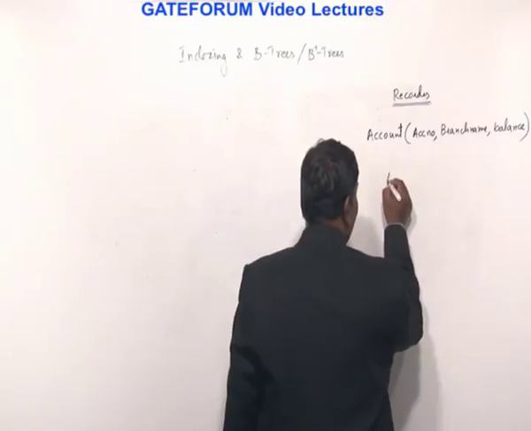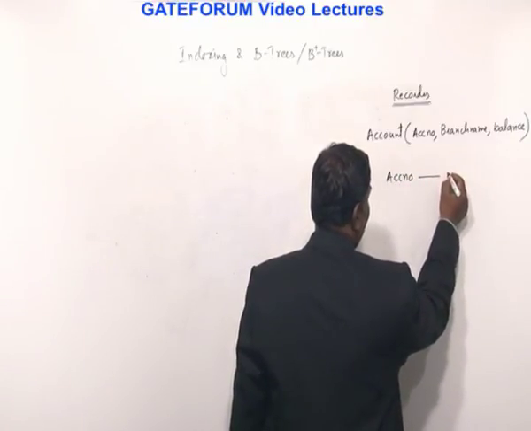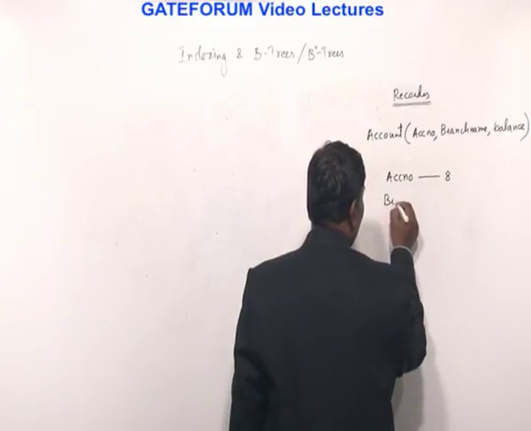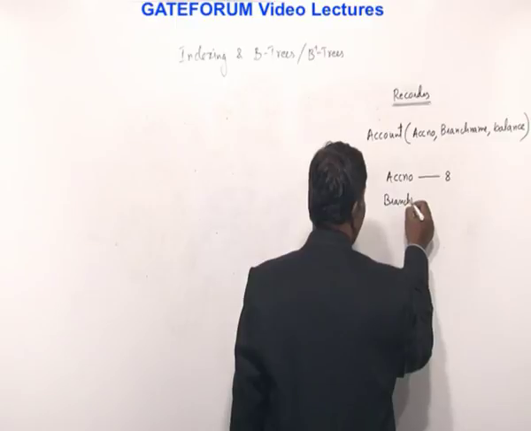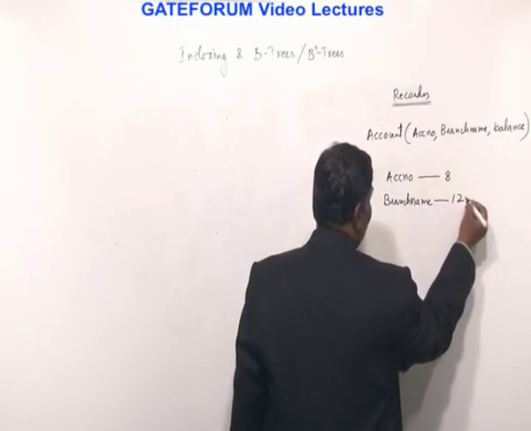Now what is the size of the relation? Account number, let us say this is taking 8 bytes. Branch name taking 12 bytes.